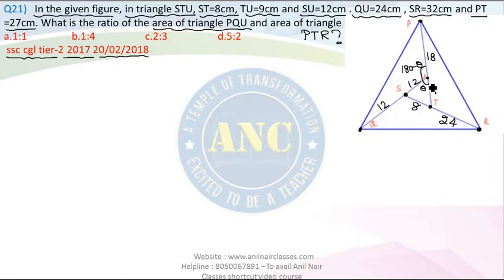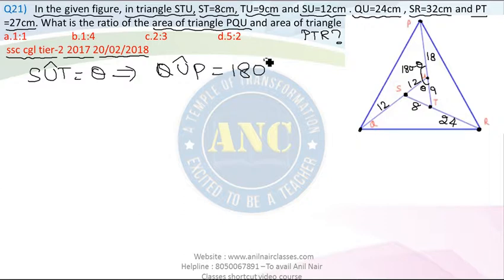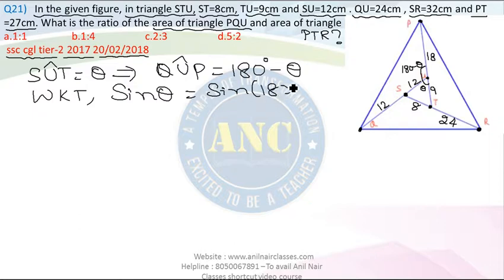Angle SUT if I take as theta, then angle QUP will be 180 minus theta, because the sum of angles on a straight line should be equal to 180 degrees. Similarly, I can also say that sin theta will be equal to sin of 180 minus theta. This logic I will make use of again here, right?